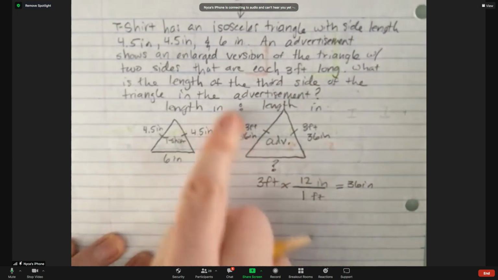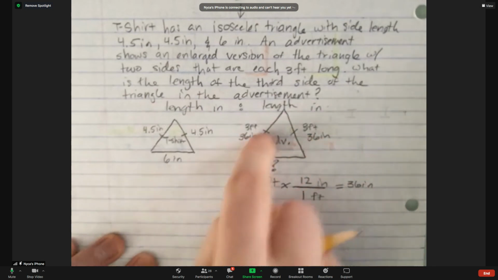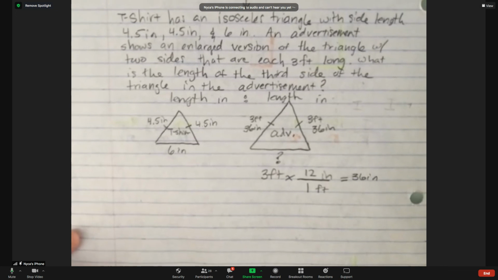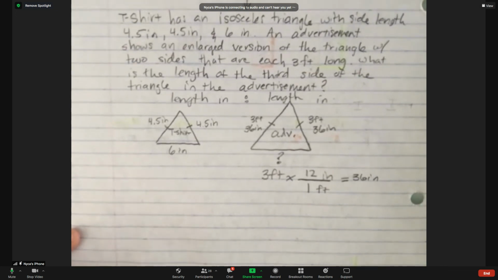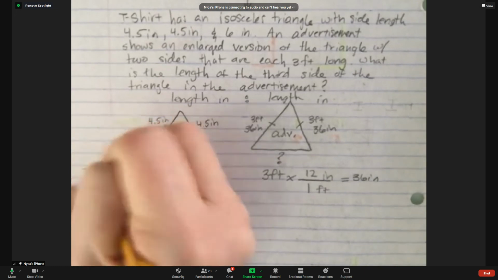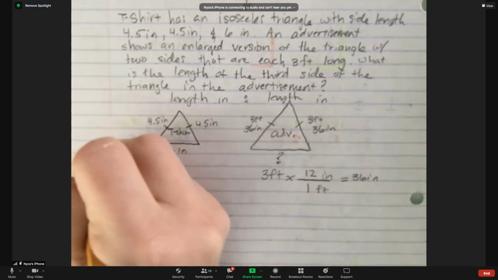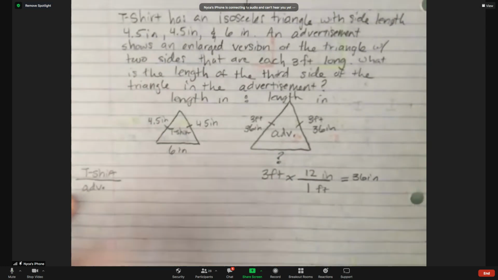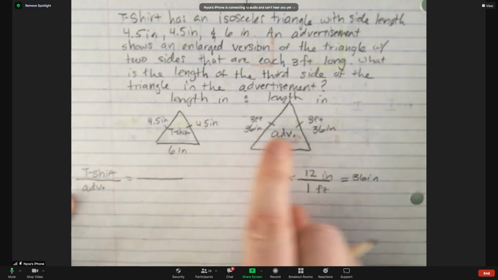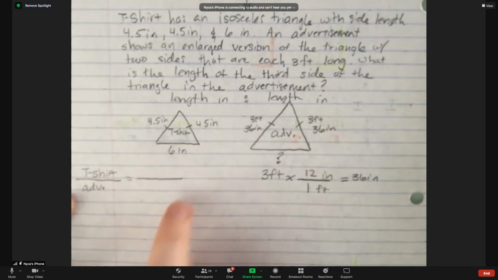Now that I have the same units being compared, I can go ahead and set up my proportional ratio and my equivalent fractions. So I'm going to put my t-shirt on the top and I'll put the advertisement on the bottom. Now, in order to find the measure, you only need corresponding sides for one.